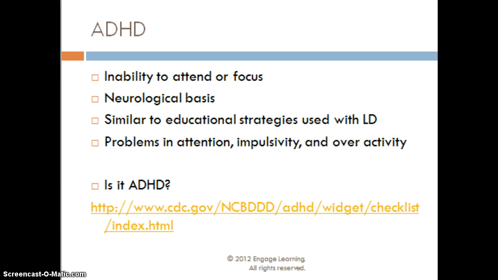So there is the organization, which is Children and Adults with Attention Deficit Hyperactivity Disorder, CHADD. That's a good resource, and they define ADHD as a condition affecting children and adults that is characterized by problems with attention, impulsivity, and overactivity.